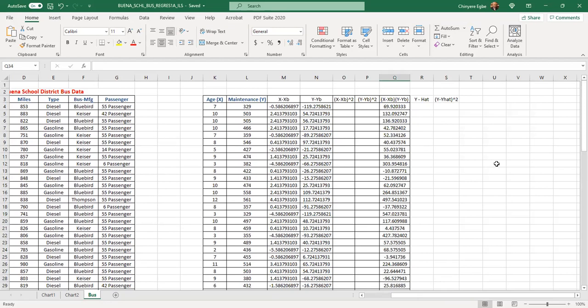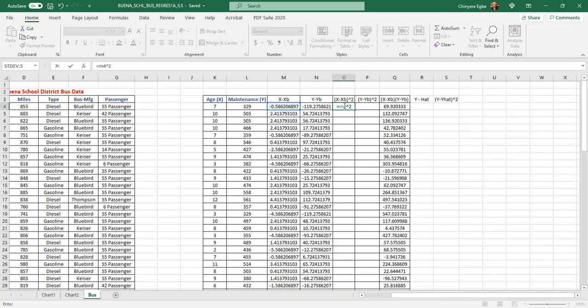Now we're going to divide by the summation of x minus x bar squared. So we take M and square it, which is to multiply by itself. This equals M4 to the power 2.